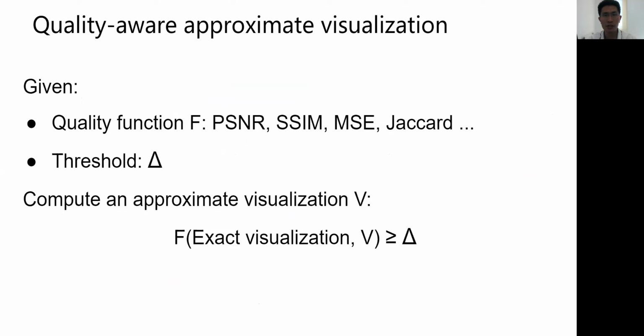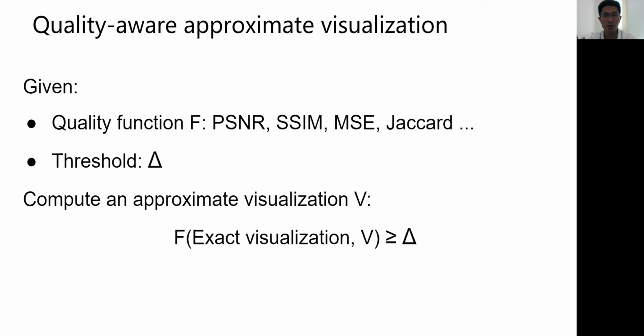When providing approximate visualizations, we need to know the quality of them. There are many quality functions that can be used, for example, PSNR, SSIM, MC, GCAD, etc. And the users may have their own quality functions.